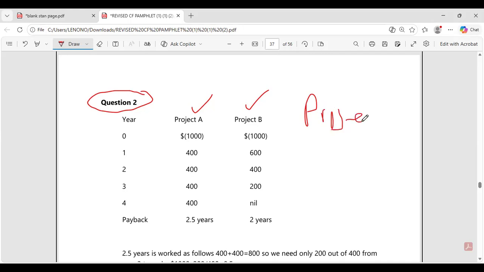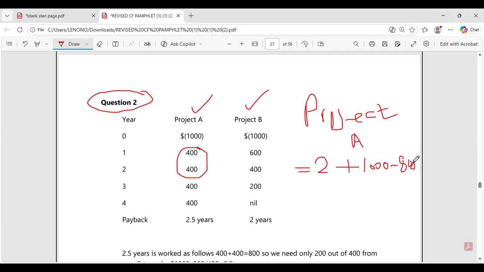So let's look at project A. So our payback will be how many? We have got 2 years first. For 2 years we have recovered how much? 800. So now you say 1,000 minus 800.